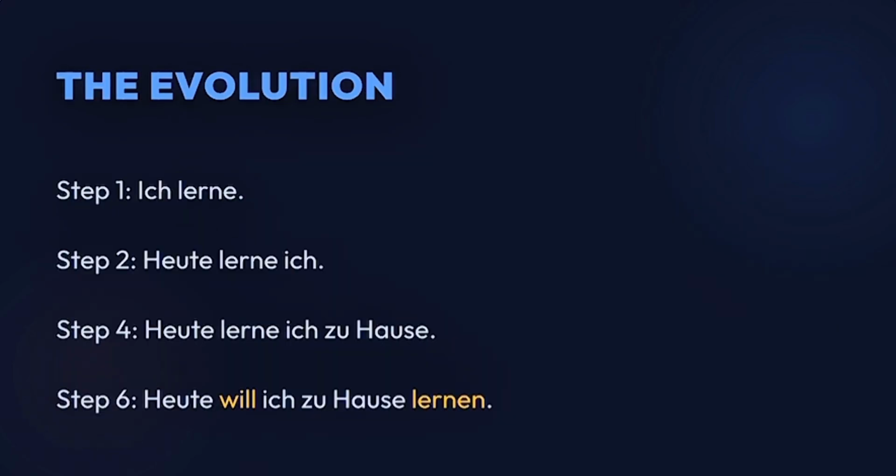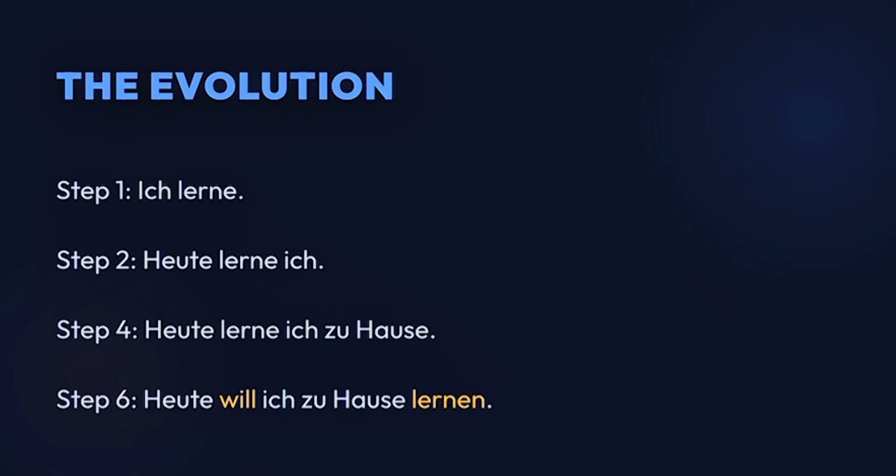The evolution. During our 7 steps, we learned how to say just a basic sentence. For example, ich lerne. On our second step, we learned how to say it with the time or the place. For example, heute lerne ich. On our 4th step, we learned how to build a longer sentence using the time and the place. For example, heute lerne ich zu Hause.